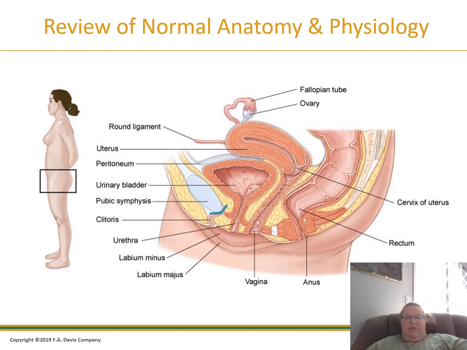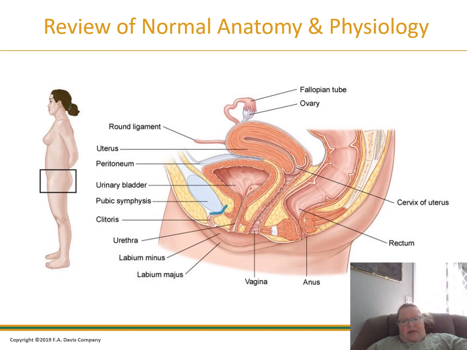All right, so here's some review of the normal anatomy and physiology of the women's genitourinary system. It is significantly different than the males. We have the round ligament right here. We have a uterus, fallopian tubes and an ovary, the peritoneum.